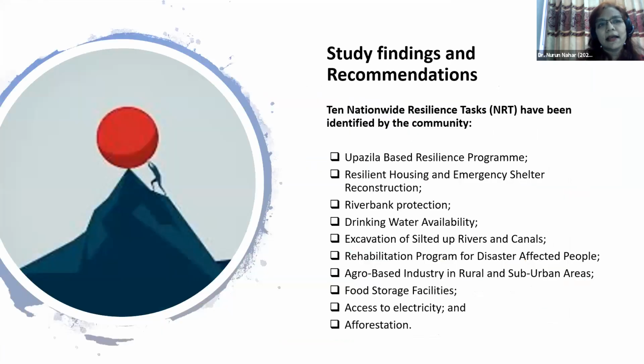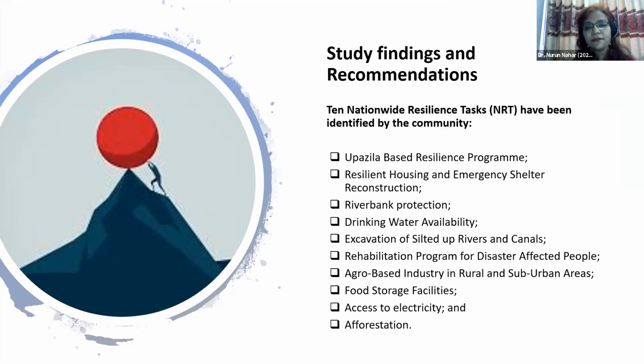And before coming to the next activity, as I was mentioning the outputs, we are calling them 10 nationwide resilience tasks. If you summarize all the communities' suggestions, these are the activities they mentioned that the government needs to do more.